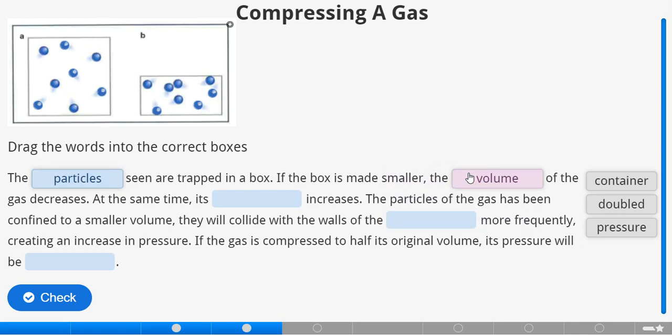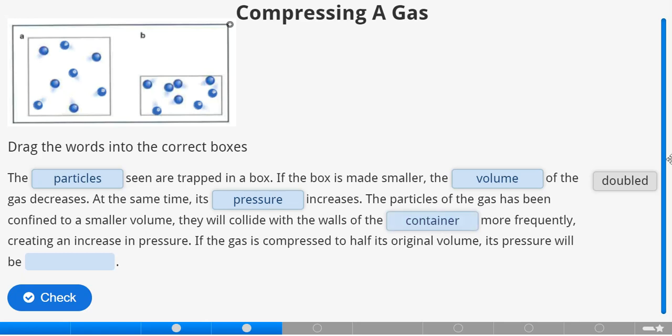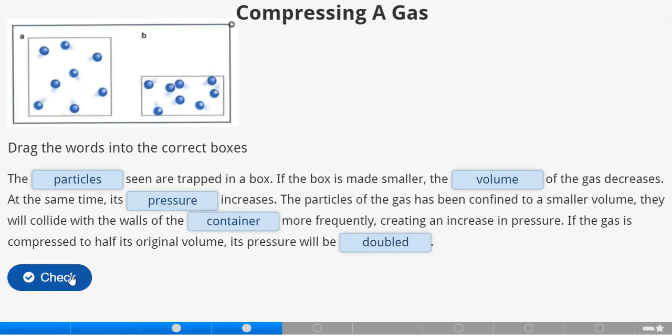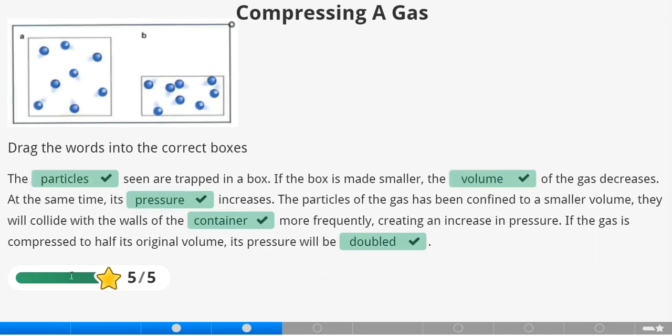At the same time, its pressure increases. The particles of the gas have been confined to a smaller volume. They will collide with the walls of the container more frequently, creating an increase in pressure. If the gas is compressed to half its original volume, its pressure will be doubled.